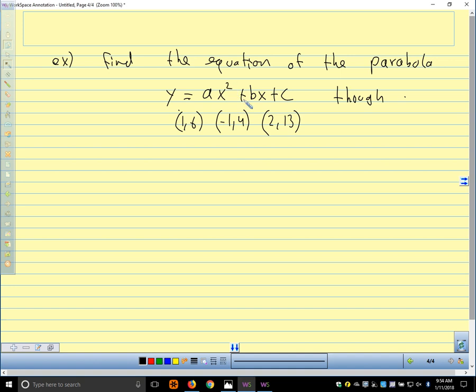So what are we going to do here? We might be thinking, well, what does a parabola have to do with the systems of equations? Well, what does each one of these give us?